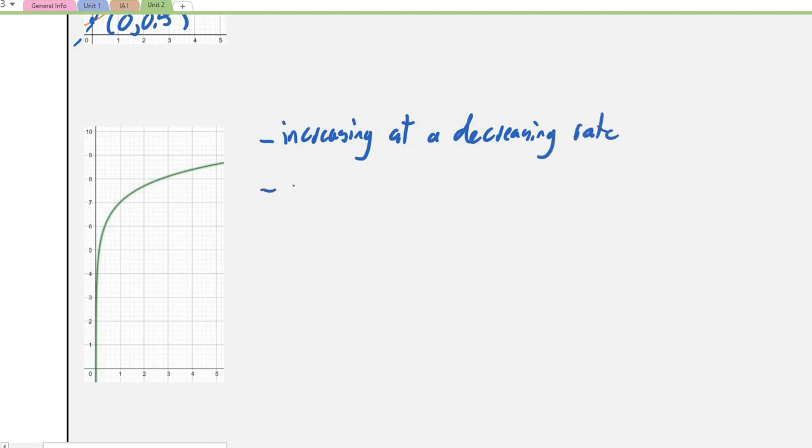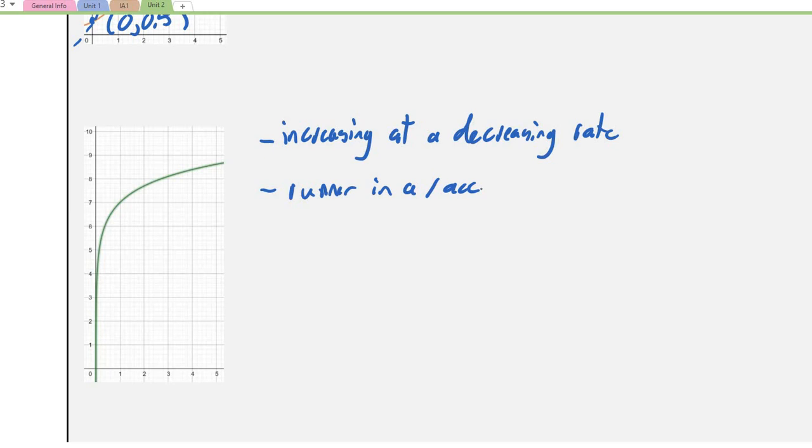This could be a runner in a race. Probably not. But I just want you to be thinking about what the graph is showing you.